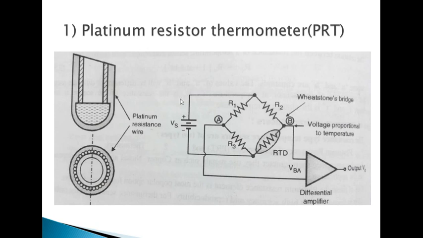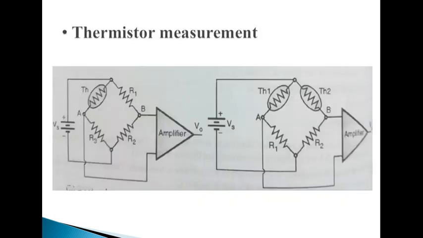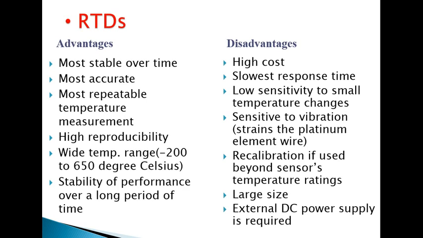In short, it requires some external power, so that's why it is called a passive transducer. That is the biggest disadvantage of this RTD: an external DC power supply is required for its operation.